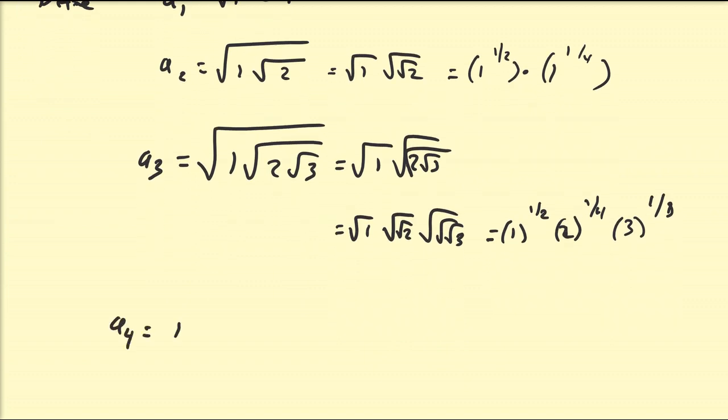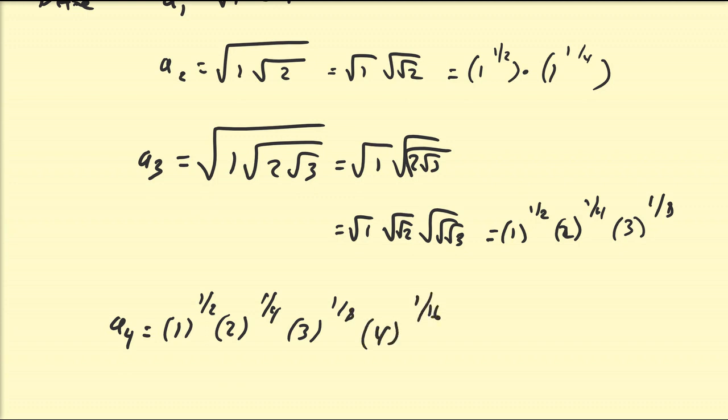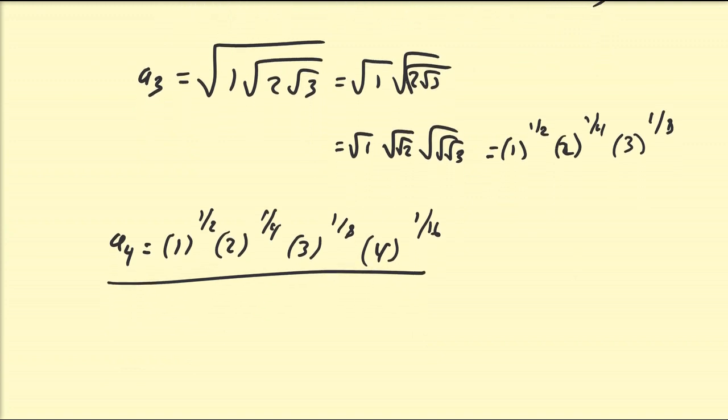So a4 will be equal to 1 to the 1/2, 2 to the 1/4, 3 to the 1/8, and 4 to the power 1/16. These denominators are 2 to the first, 2 to the second, 2 to the third, and 2 to the fourth.